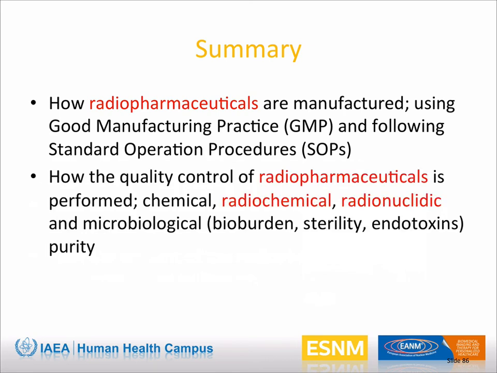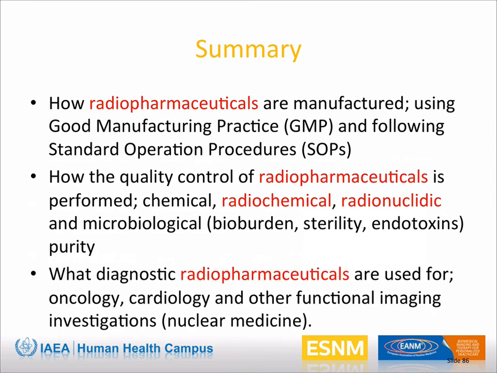How the quality control of radiopharmaceuticals is performed: chemical, radiochemical, radionuclidic, and microbiological purity. What diagnostic radiopharmaceuticals are used for: oncology, example given using fluorine-18 FDG, and cardiology, example given using technetium-99m sestamibi. This field is called nuclear medicine.